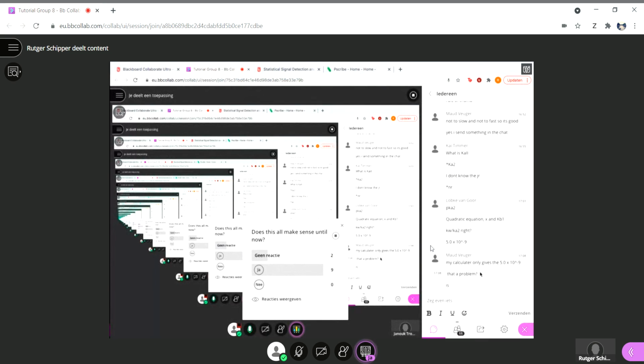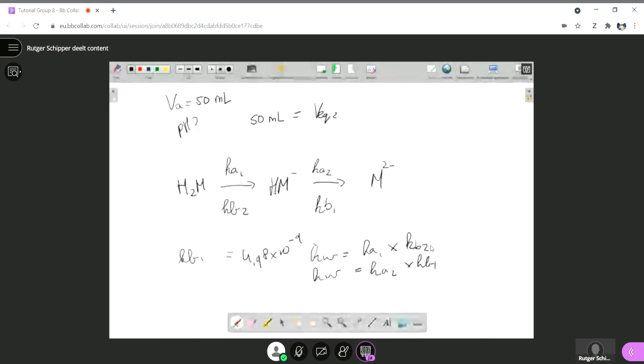So we use the 4.98 Kb1. So it's basically this formula again, right? Kb1 is equal to x squared over the formal concentration. So it's the new formal concentration. So the dilution factor has been corrected for this part, which is 4.98.